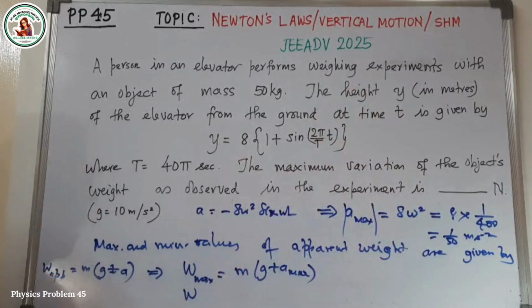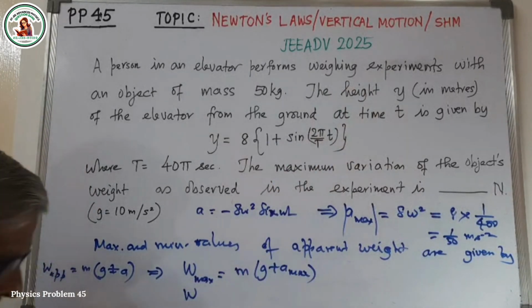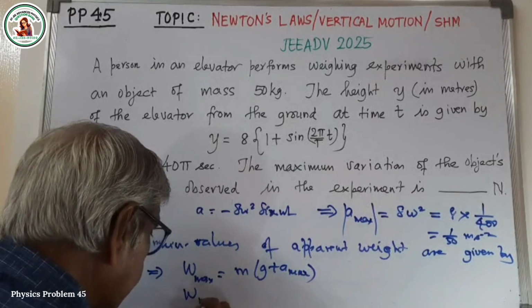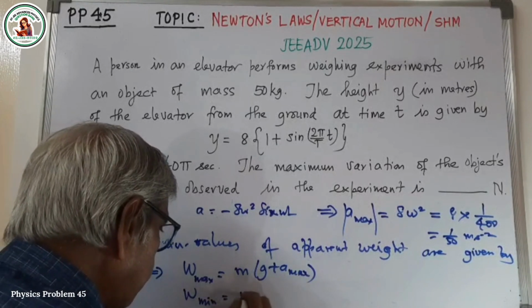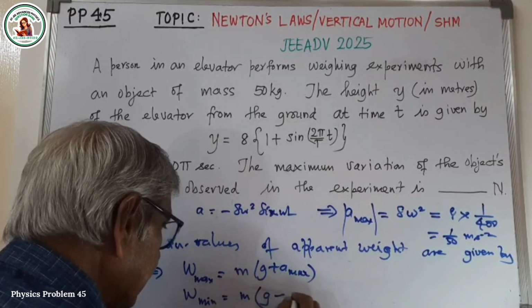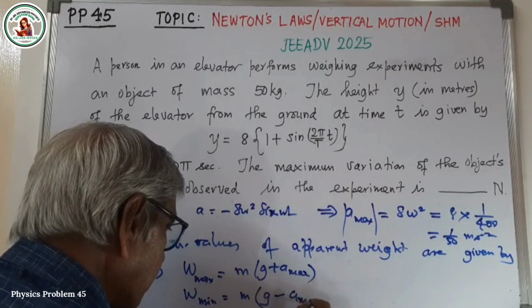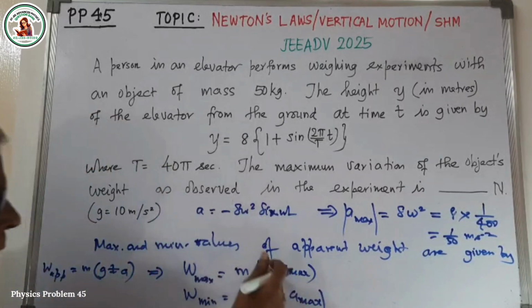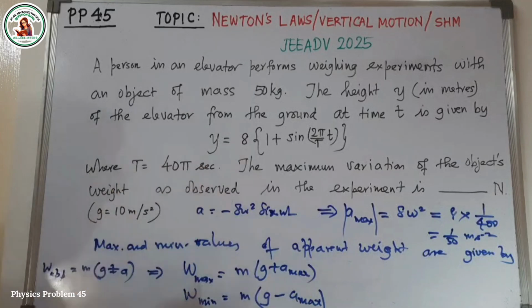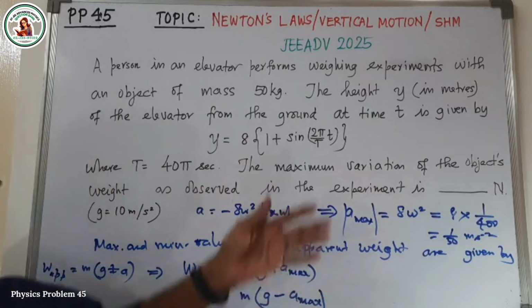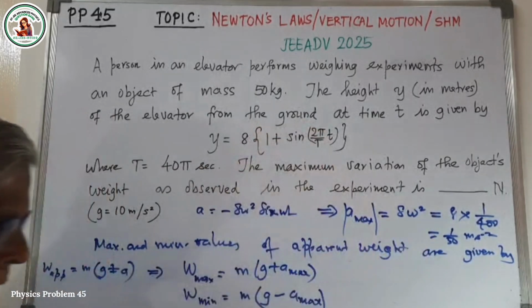W minimum is given by M into G minus A maximum, which is when it's accelerating with the maximum value downwards.